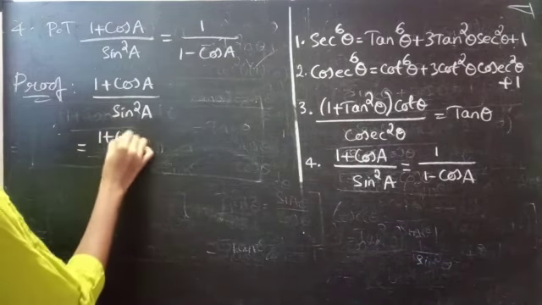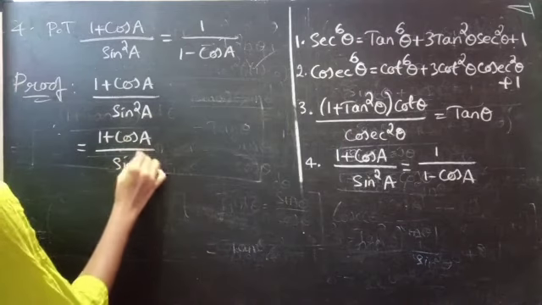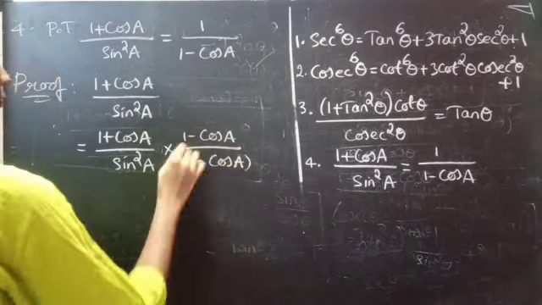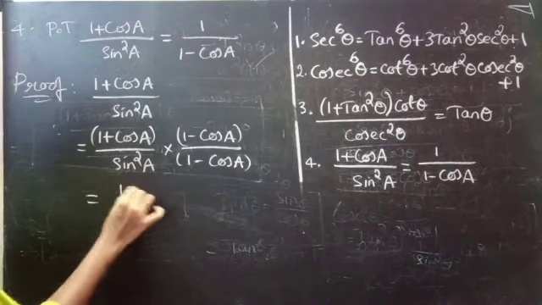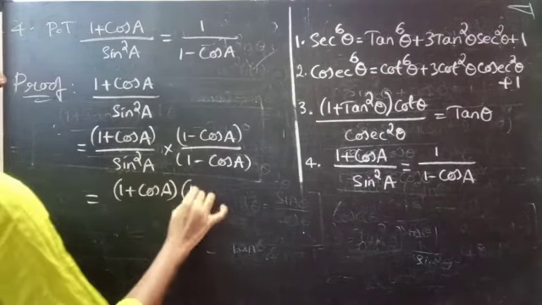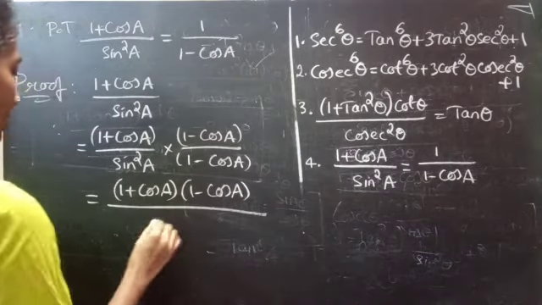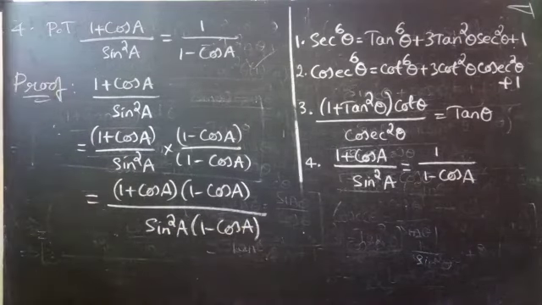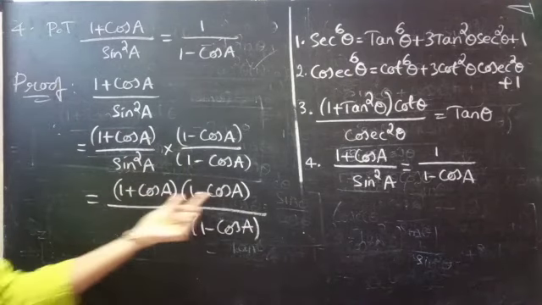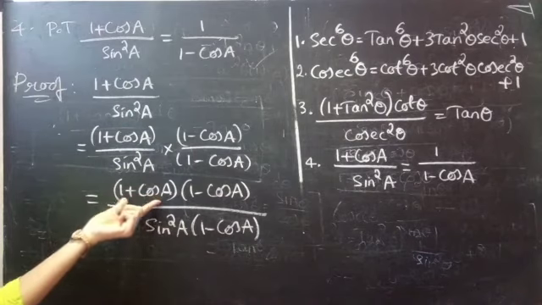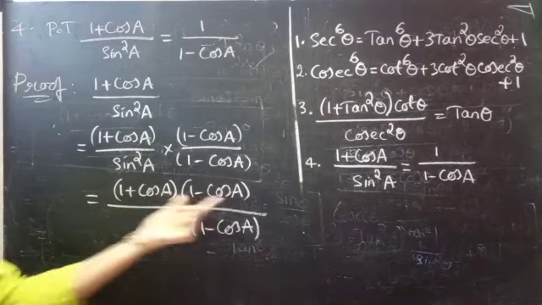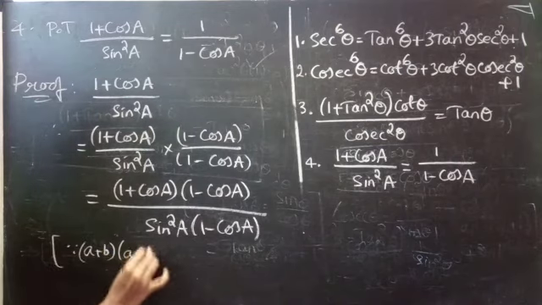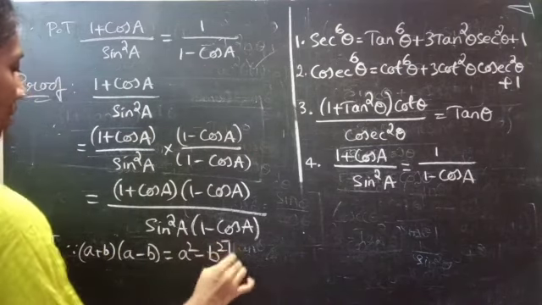So this equals 1 plus cos A by sin square A into 1 minus cos A by 1 minus cos A. Okay, so this equals 1 plus cos A into 1 minus cos A divided by sin square A into 1 minus cos A. Okay, so in the numerator you are having two terms, 1 plus cos A into 1 minus cos A, which is of the form A plus B into A minus B, since A plus B into A minus B equals A square minus B square.